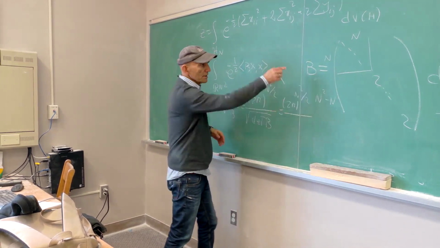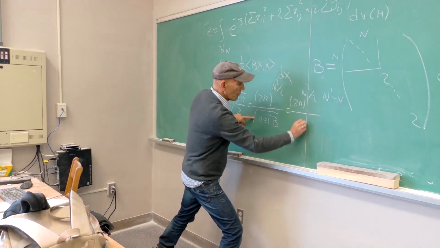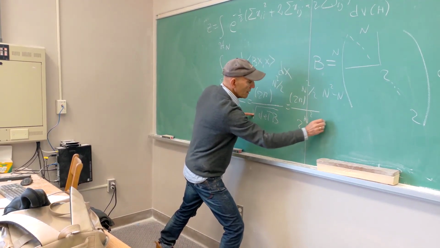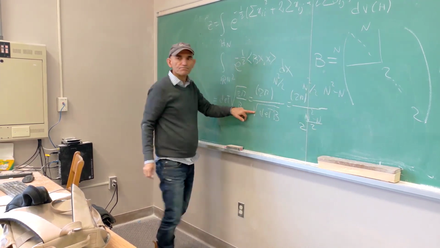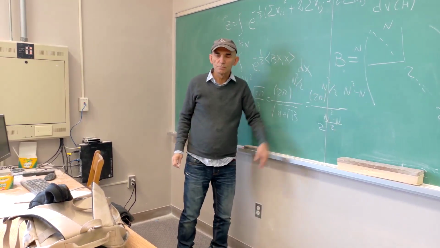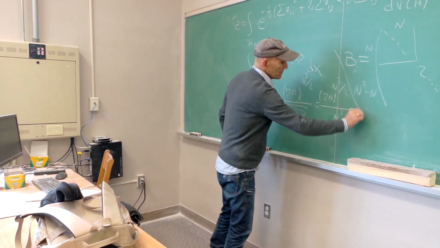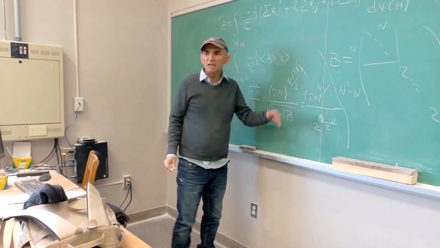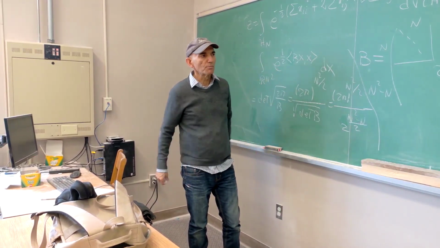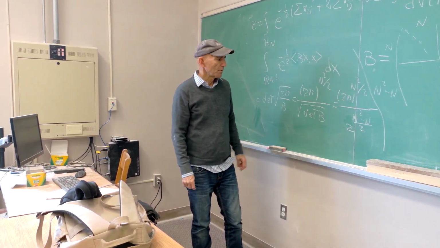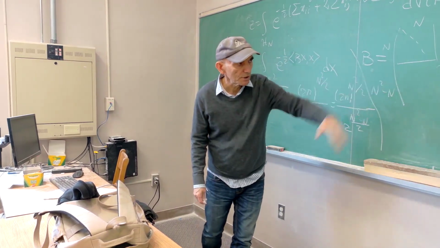There is this one that doesn't contribute, but this is 2 to the power (n squared minus n) over 2. It's this number. So we get an explicit number, but at this stage it doesn't matter. It's just a warm-up calculation. But the value of this, we just normalized it by that value.